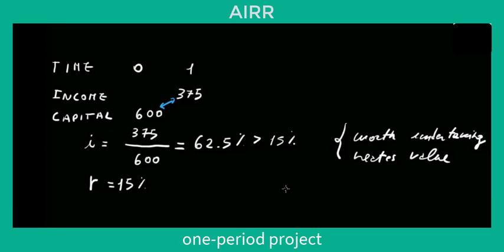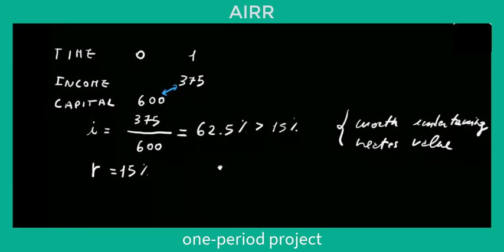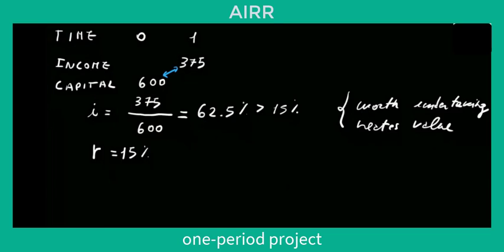How much value does this project create? Now, consider that the excess return rate is 62.5% minus 15%, and this makes 47.5%.